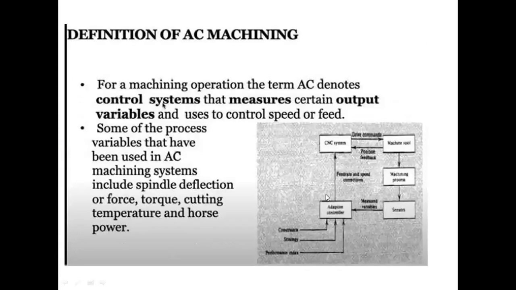You see, what is this adaptive control machining? Basically this adaptive control technology is applied to technology fields other than manufacturing, but we will see it in the context of manufacturing. That is adaptive control machining, that's why it says.